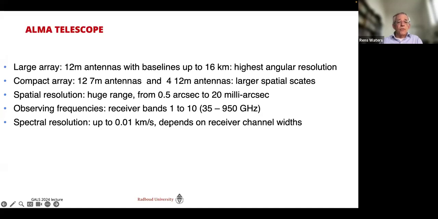Because ALMA uses heterodyne detection of the signal, the spectral resolution can be very large, much less than a kilometer per second, but that can be set in the different settings of the different receivers.